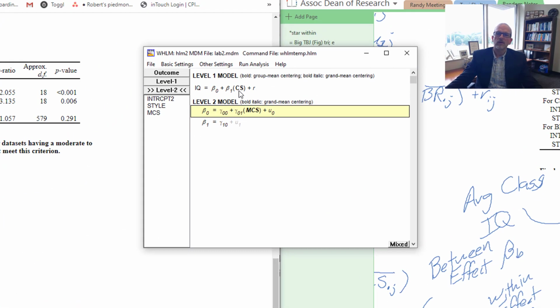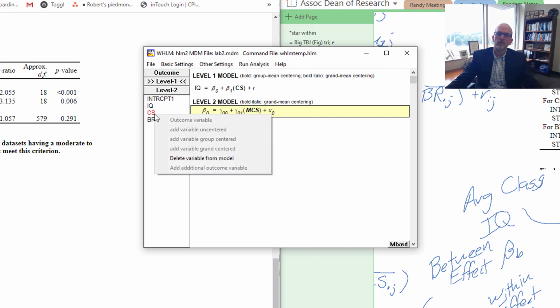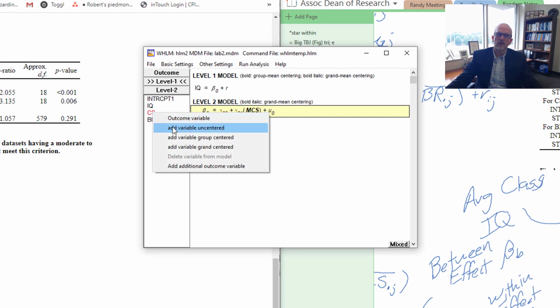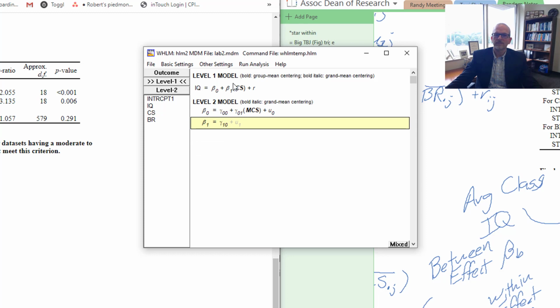So the second way that we could do this is if instead of group mean centering, we grand mean center. Now by grand mean centering, beta 0 is now everything after controlling for this relationship. So beta 0j at this point is now described as the average IQ after adjusting for common sense, which makes gamma 01 the compositional effect.